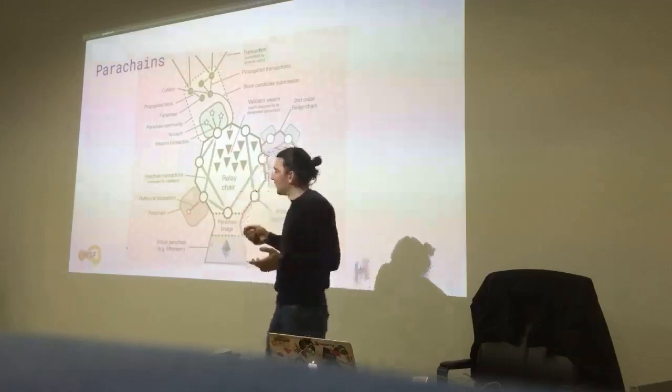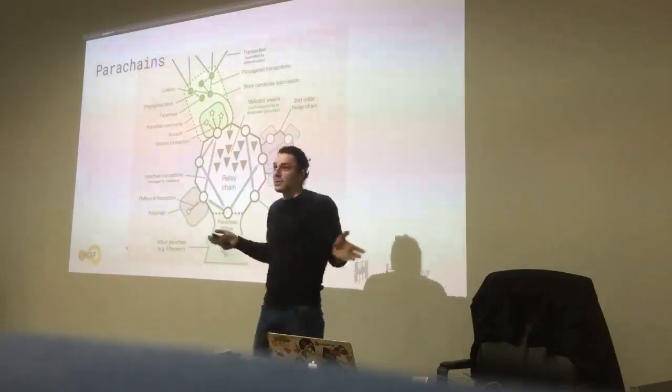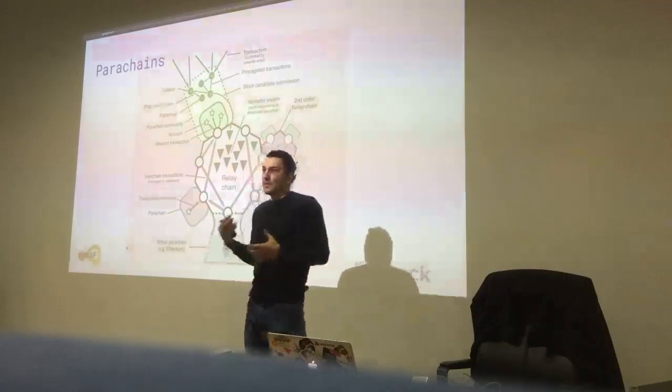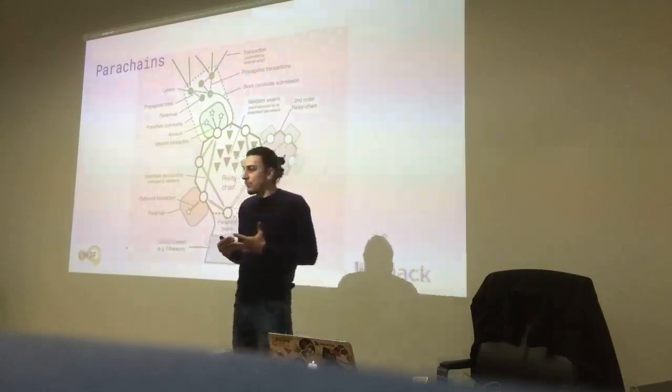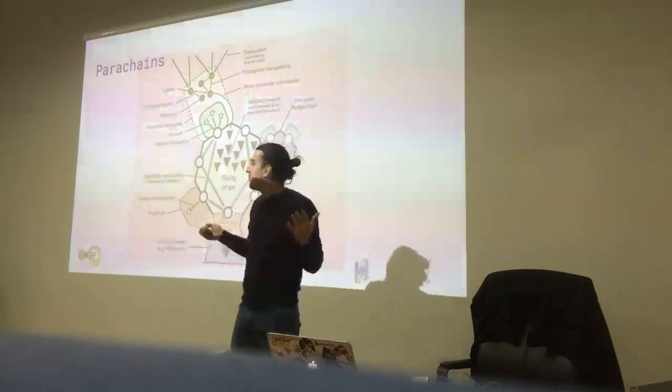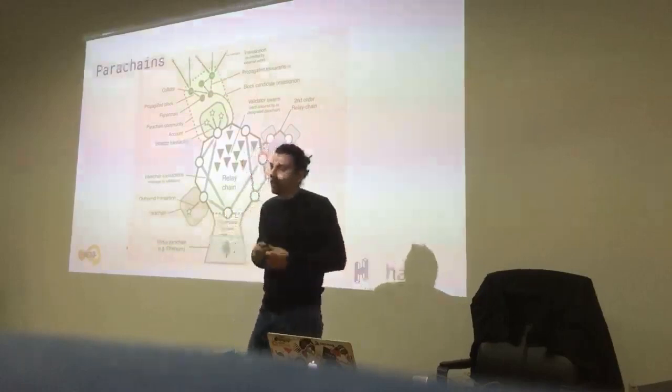Because I forgot to mention this, in our parachain we can define whatever we want as a logic. It's basically our own blockchain without worrying about security, which is provided by the relay chain.